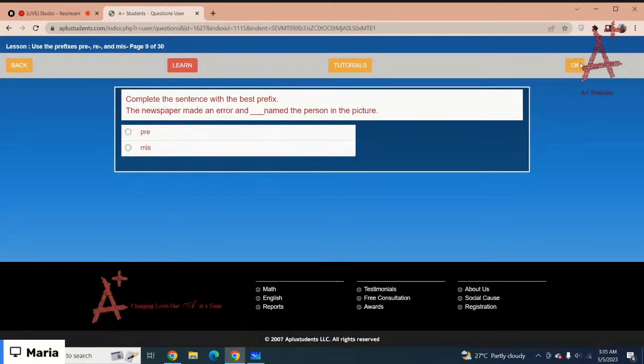The newspaper made an error and dash named the person in the picture. Pre-named or misnamed, which is the correct option?